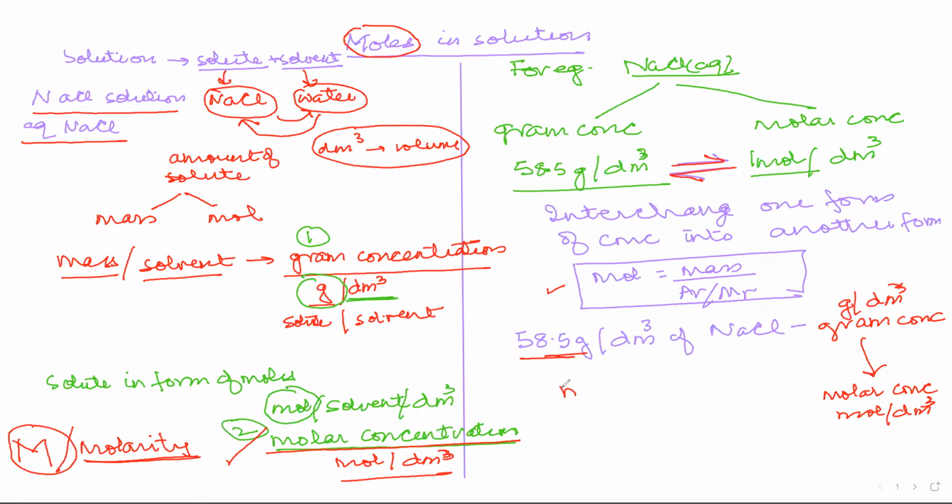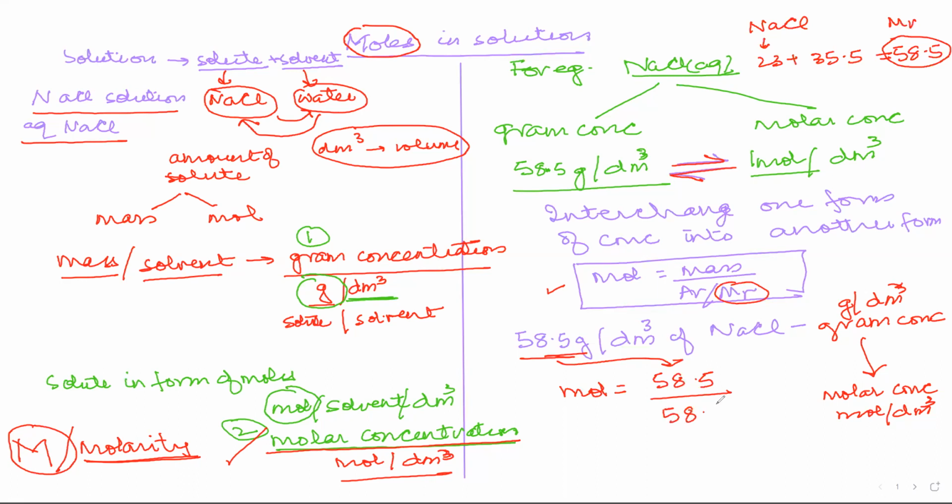Now let's write the values in this formula and see how we can convert the mass into the moles. I need to find the moles. My mass is 58.5 and the MR for NaCl: sodium is 23 and chlorine is 35.5. When you sum it up, we have 58.5 as the MR of sodium chloride. So 58.5 is the mass you have in 1 dm cube of the solution, and the MR itself is 58.5.